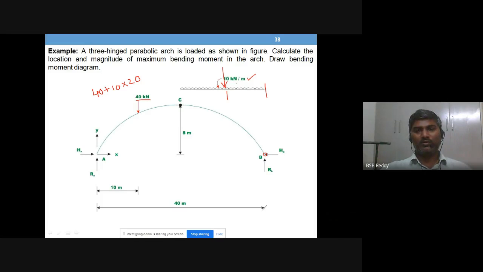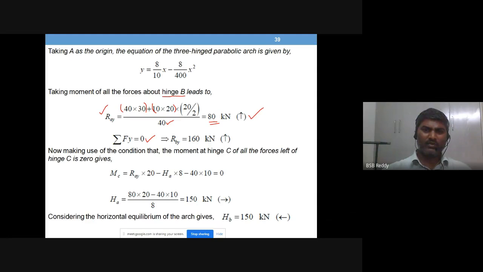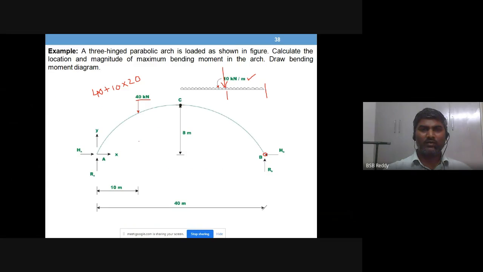So the total load is 40 plus 200, which is 240.